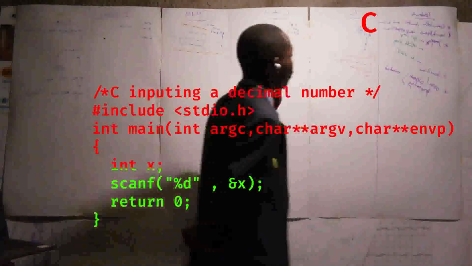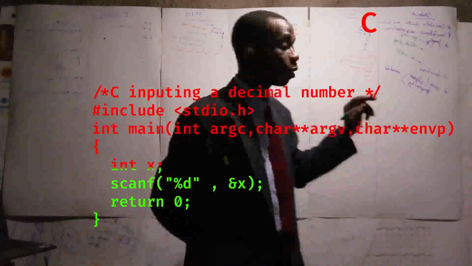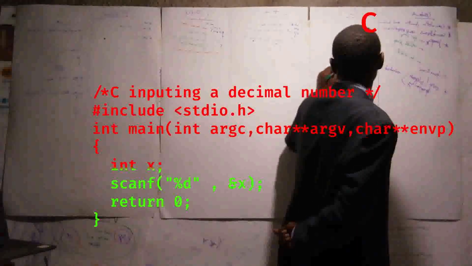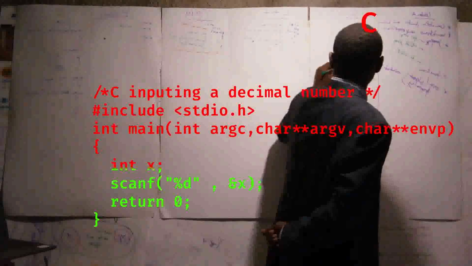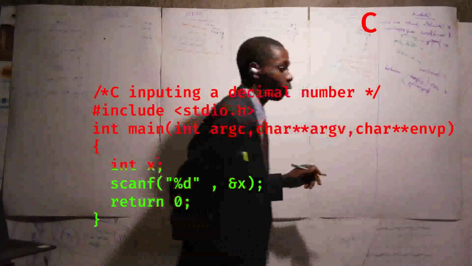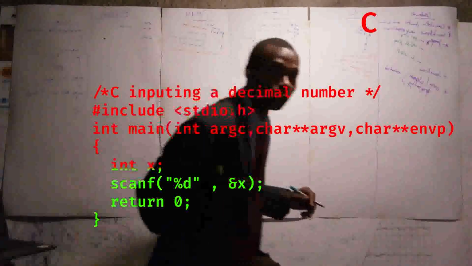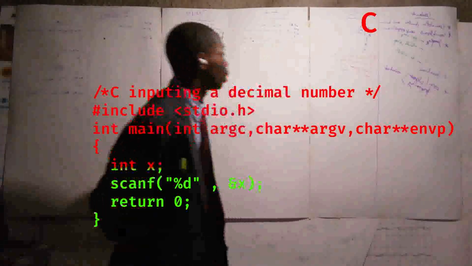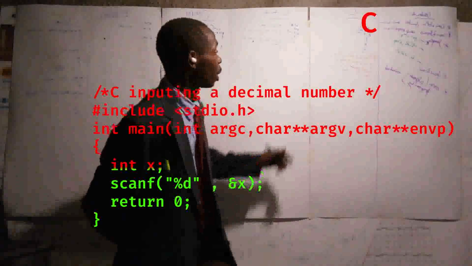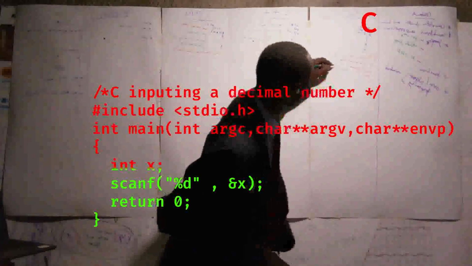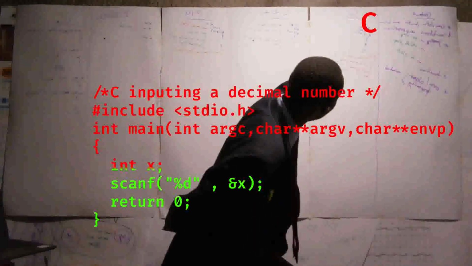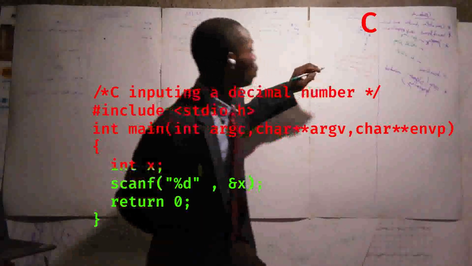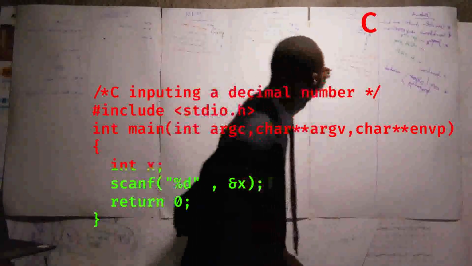To input the value of y, we declare the scanf function. scanf can take variable arguments, like printf. In scanf, we put double quotes, then the percent symbol and d, which means I'm going to input a decimal number.